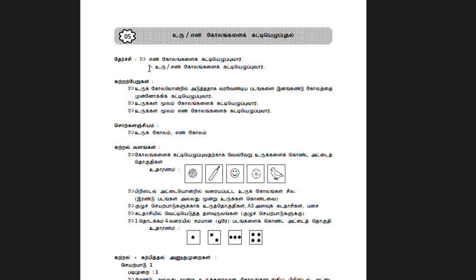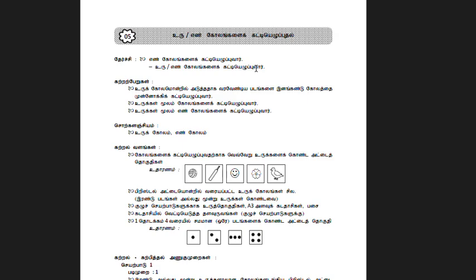So the competency you want to get the idea from here. It says create patterns using pictures or numbers. Primarily they will make picture patterns only. So for only one competency you want to mention, they will create patterns using pictures.